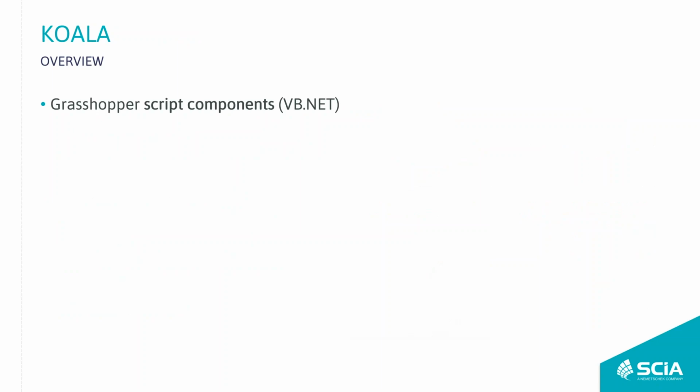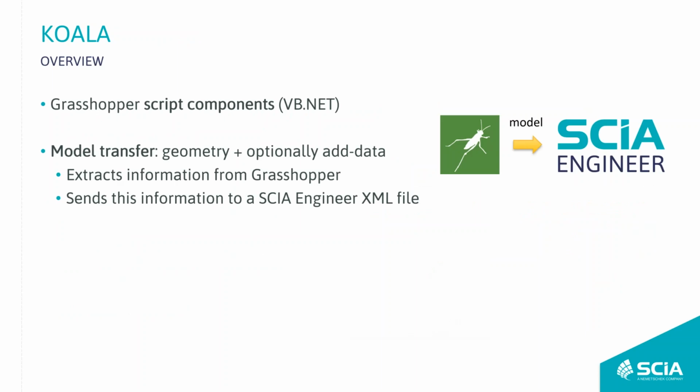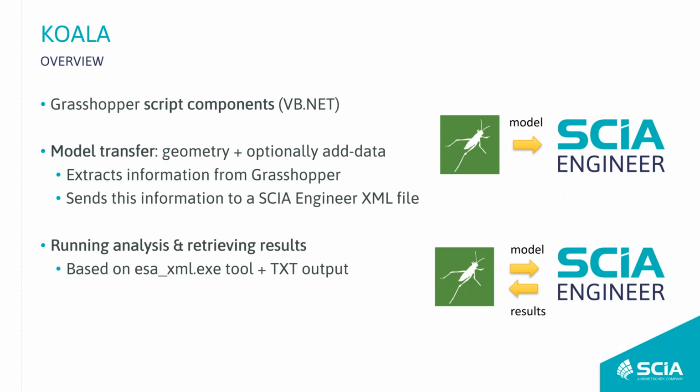It's Grasshopper script components. It uses VB.NET. Currently, it supports model transfer. That means that you are able to export the model from Grasshopper to SCIA Engineer, as it extracts some information and sends it directly to SCIA Engineer via an XML file. The other possibility, let's say, is a bidirectional link.